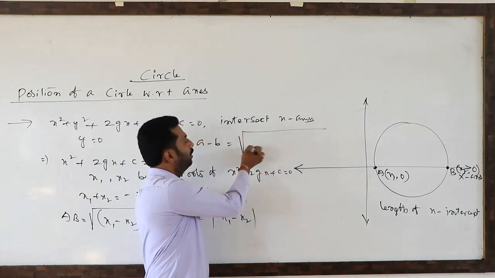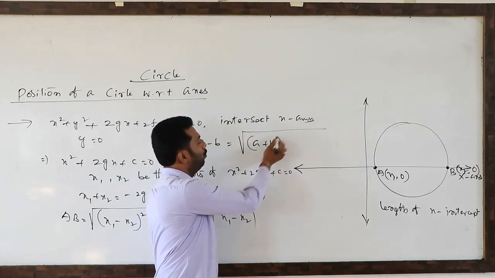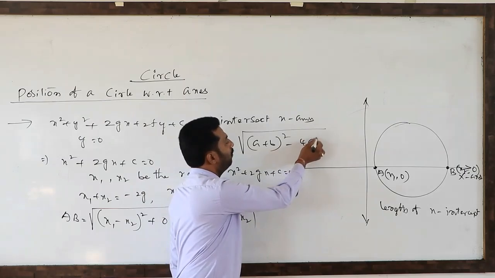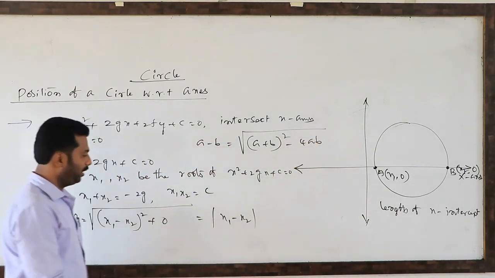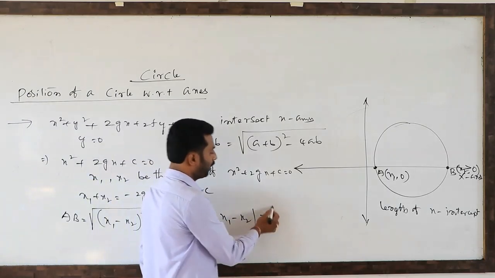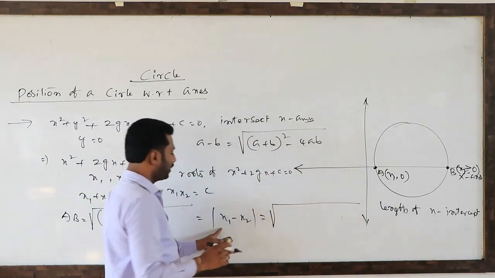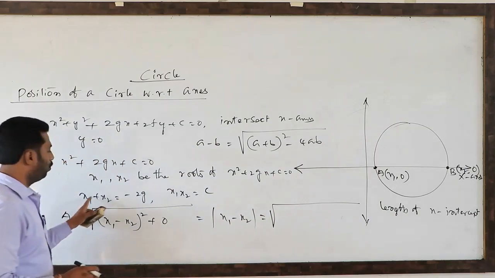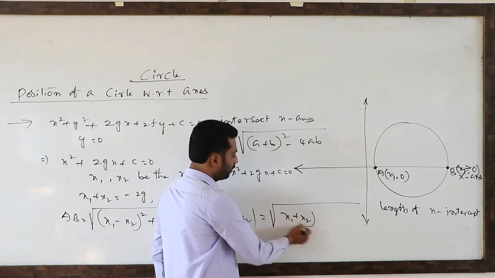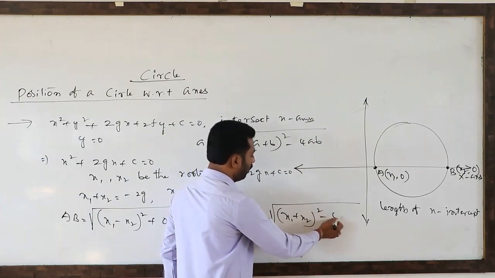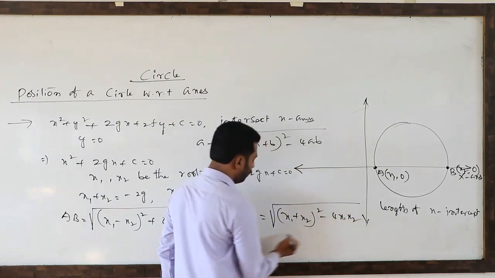See here, a minus b is there. Can I write this as (a plus b) whole square minus 4ab? Yes, we can write (x1 minus x2) whole square as (x1 plus x2) whole square minus 4 into x1 x2.